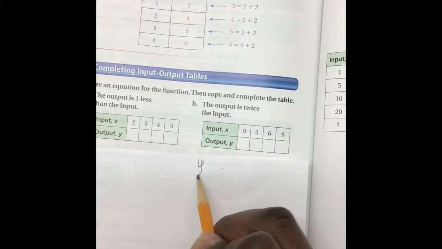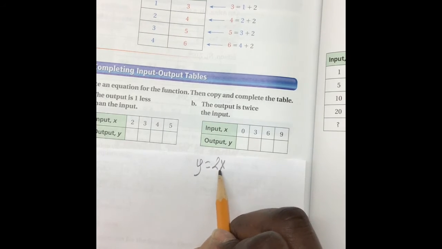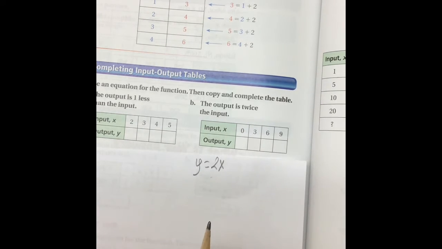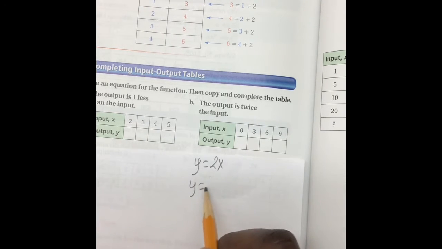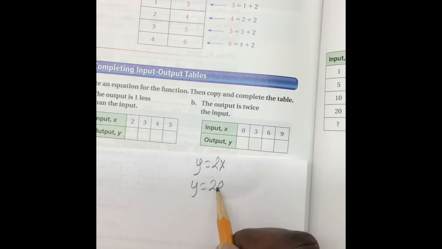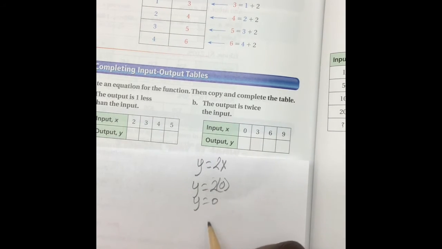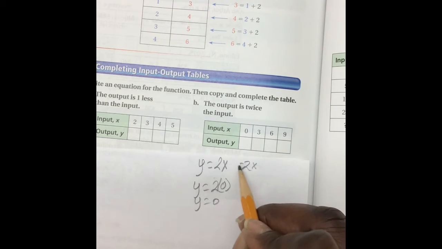So the output is equal to 2 times the input, okay? Once we have put in our equation based on the wording, we check. So y would be equal to 2 times 0, which would give us y equals 0.